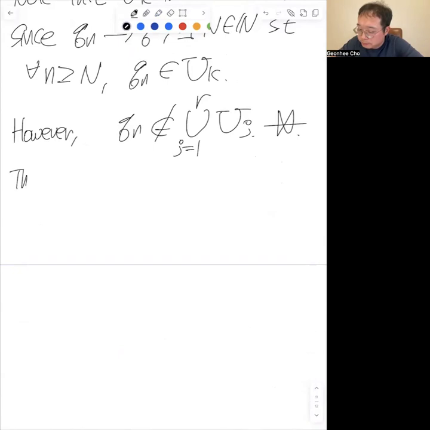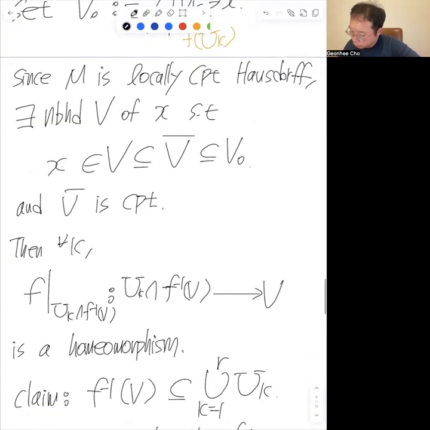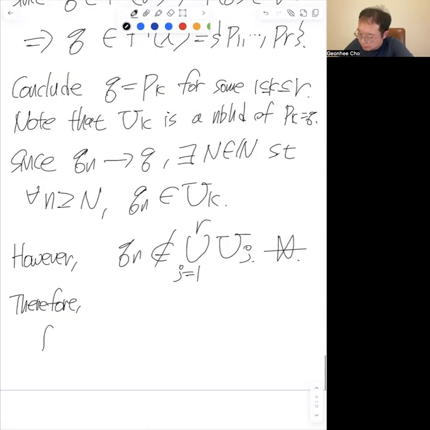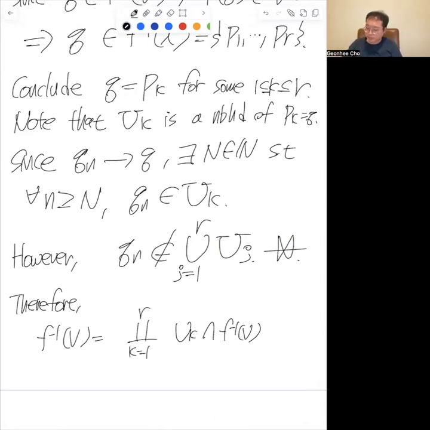Therefore, not only do we have the homeomorphism restricted to u sub k intersecting with f inverse of B, but indeed we can claim f inverse of B is the same as the union of u sub k intersecting with f inverse of B. And now we have a disjoint union of all of them, so we can say they are equal.